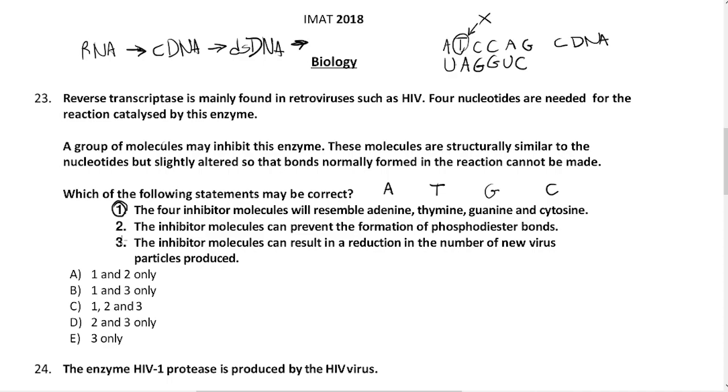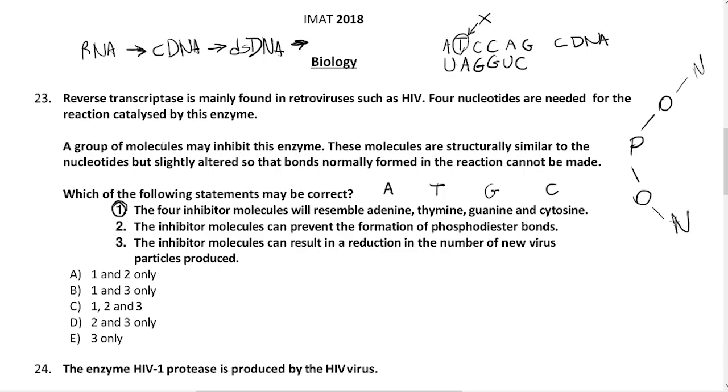Let's see if number 2 and 3 are actually two correct suppositions. The inhibitor molecules can prevent the formation of phosphodiester bonds. So what are phosphodiester bonds? It's actually this bond over here. It's between a phosphorus and the 2 oxygens. And this type of bond joins 2 nucleotides.